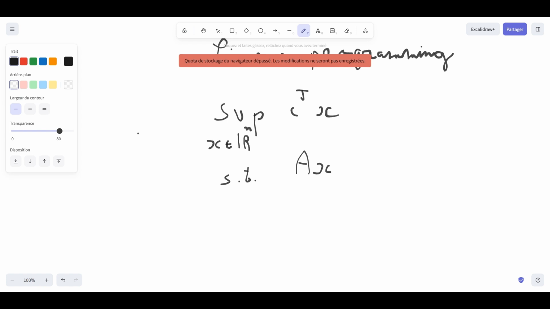That's the simplest family of convex optimization because it's linear, so it's really easy.